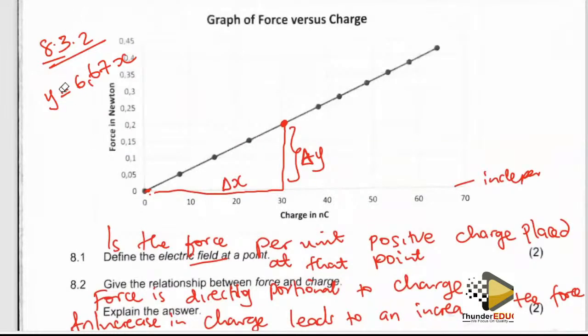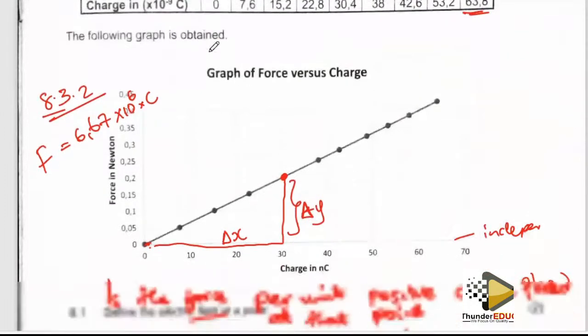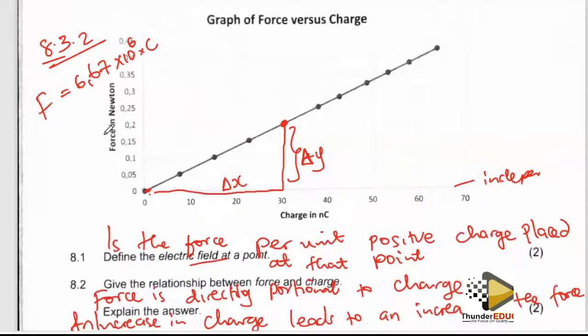Let me avoid using this language of x and y. Let me say the force is going to be 6,67 times 10 to the 6 times the charge. Now our charge is 63,8. So that's going to be 6,67 times 10 to the 6 multiplied by 63,8.